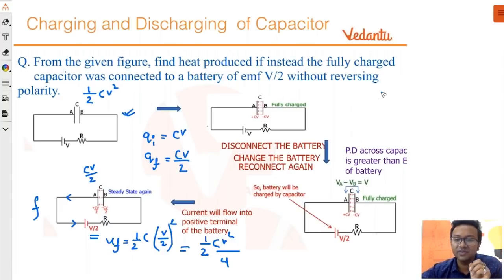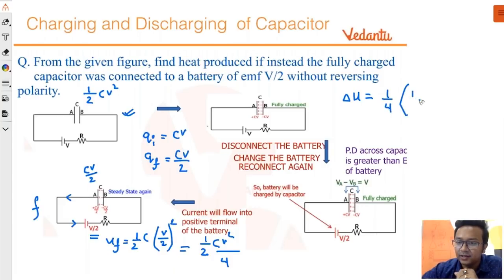Then, my dear students, if you have to calculate delta U, the change in the energy stored in the capacitor, it is going to be nothing but U final minus U initial. U final is nothing but 1/4 of half CV square.